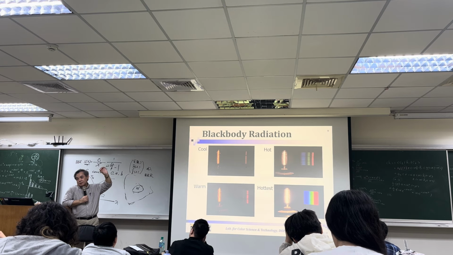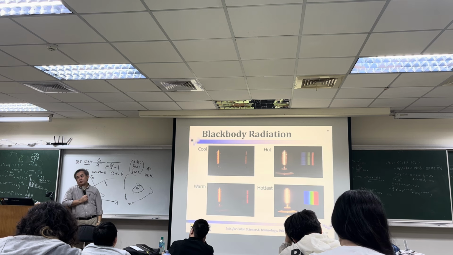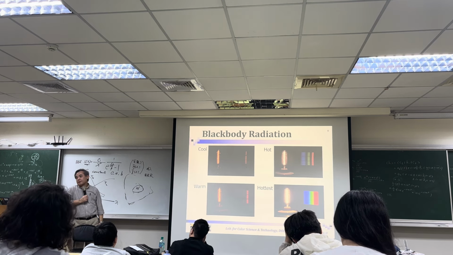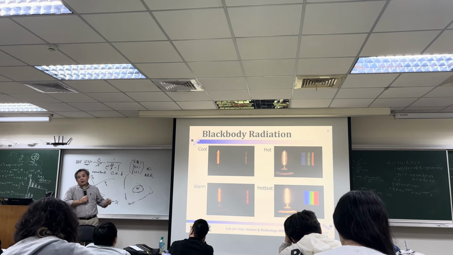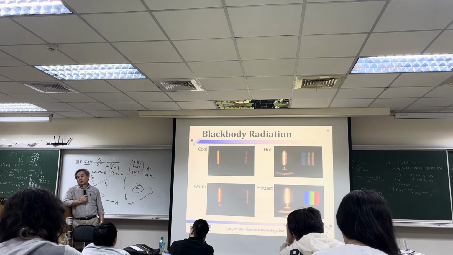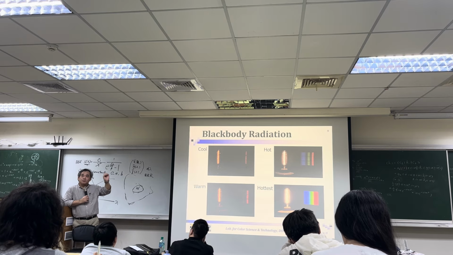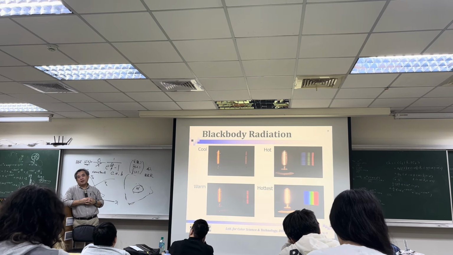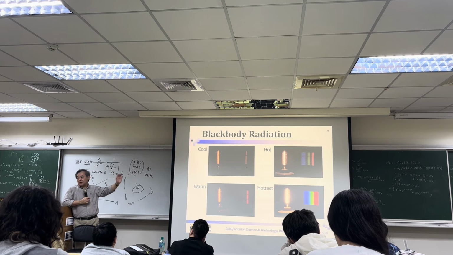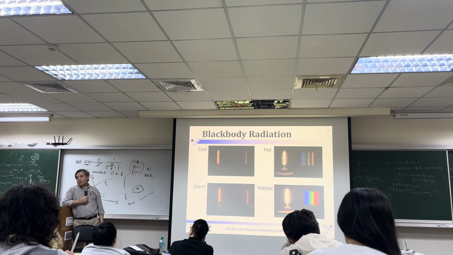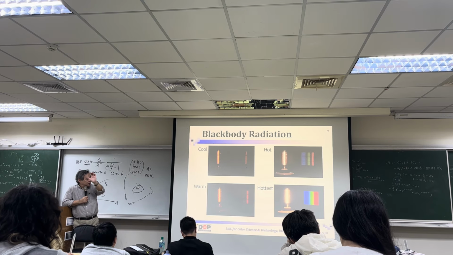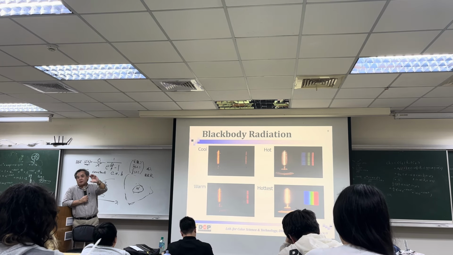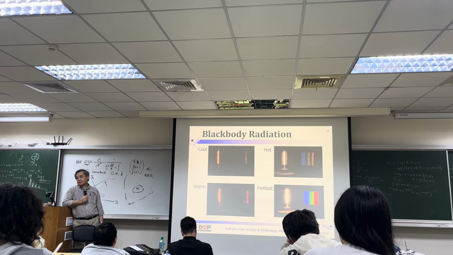Some stars are bluish. So right now you can easily understand that when you see a blue star, it means the surface of the star has a higher temperature than the surface of a star with red color.